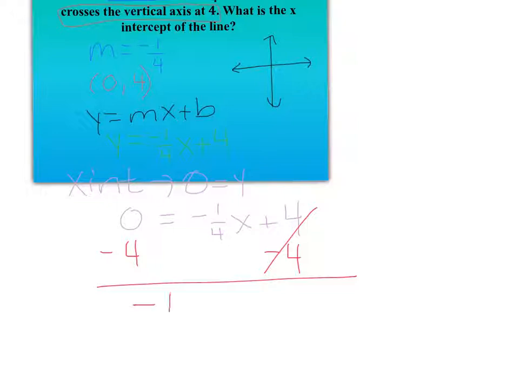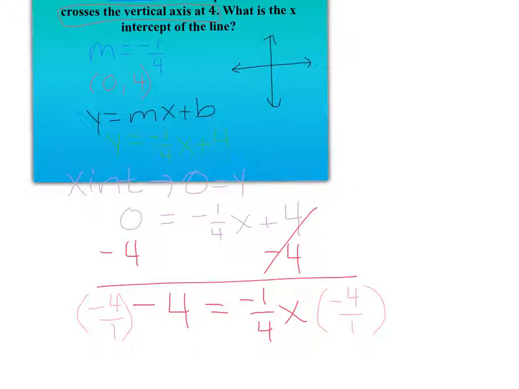So, -4 equals -1/4 x. How do we get rid of a fraction in front of a variable? Well, every single time, without a doubt, we're going to multiply by the reciprocal.